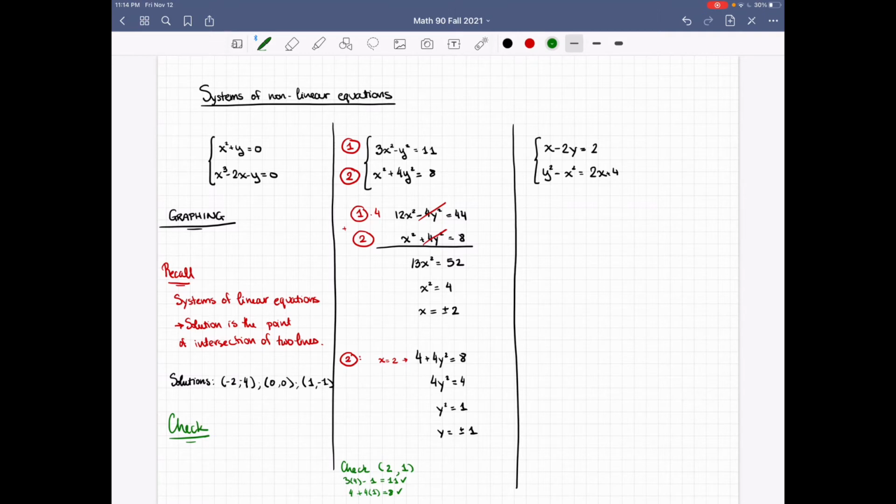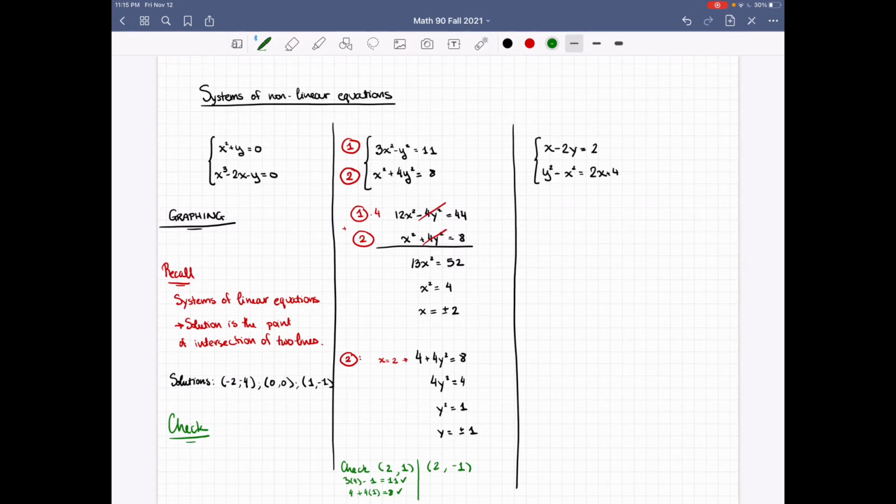You can see pretty quickly that (2, negative 1) will work in the same way. I will let you check on your own, but (2, negative 1) also works out, since when you square negative 1, you get the same thing as when you square 1.